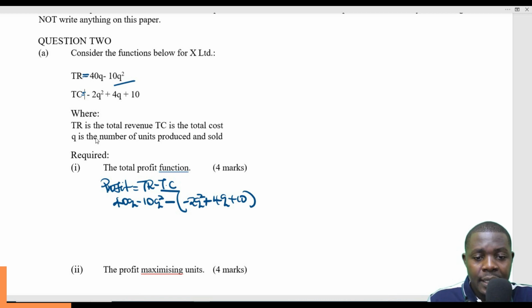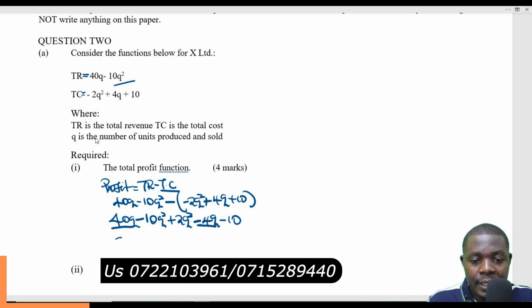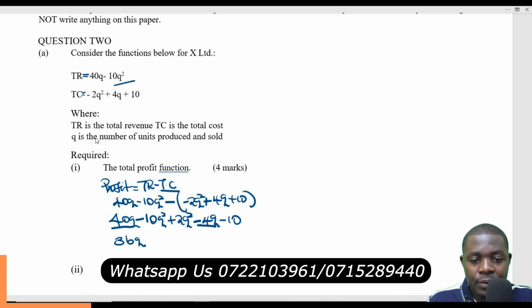All right. Now in this case, we can open the bracket. We are going to have 40Q minus 10Q squared plus 2Q squared minus 4Q minus 10. Now you collect like terms. We have 40Q and then 4Q. 40Q minus 4Q, you get 36Q.